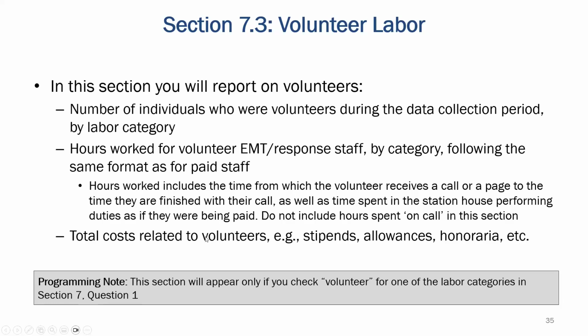You can report them at the end of section 7.3 as a total sum. And as a reminder, the entire section 7.3 will not appear when you're going through the web-based GADCS unless you've checked in section 2, yes, when you answer the question, does your organization use volunteer labor?